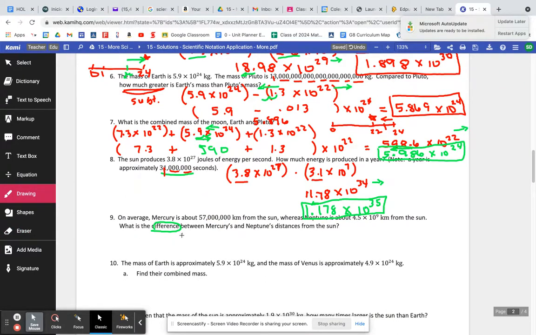So let's take that 4.5 times 10 to the 9 is the bigger number, and I want to subtract. Okay, let's put the decimal right here. 1, 2, 3, 4, 5, 6 with one more is 7. So 5.7 times 10 to the 7. I think I will go for a 9 on the number line.